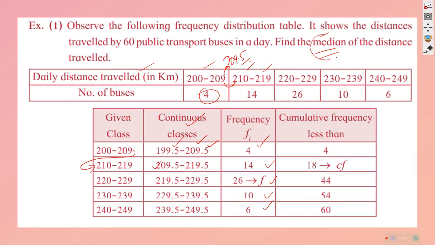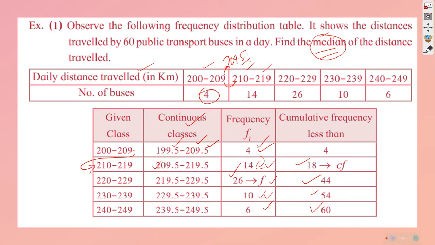That's the question. To get the mid value, approximately the mid value will fall in this class. We understood from our experience that the mid value will be neither at one end nor the other; it will be in the middle, and the variation of the class is also a very important factor here. When we think about cumulative frequency: first 14, 14 plus 4 is 18, 18 plus 26 is 44, 44 plus 10 is 54, 54 plus 6 is 60, like that, the cumulative frequencies.